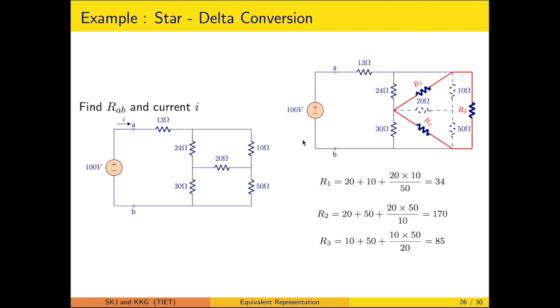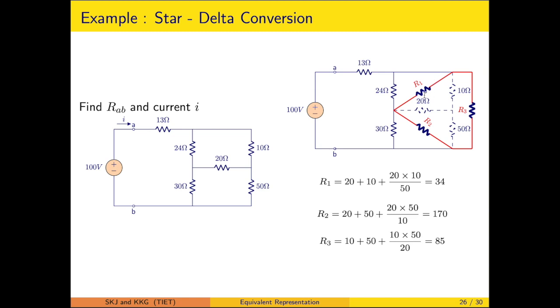Let's say I am considering that 10 ohm, 50 ohm and 20 ohm are forming the star, and correspondingly we will be translating the star to the delta. The original circuit elements are shown with the dotted line, and we go for the equivalent representation. Here the values are calculated.